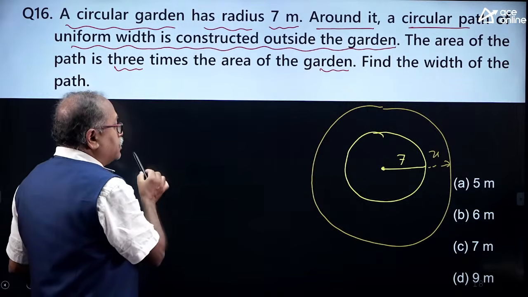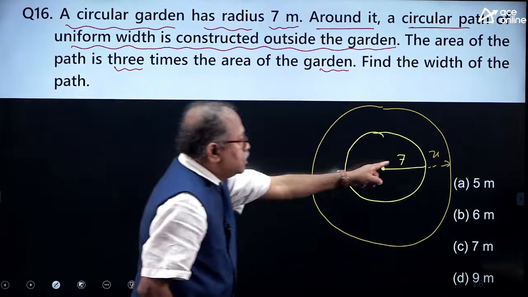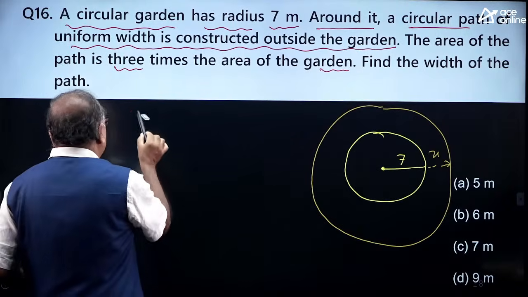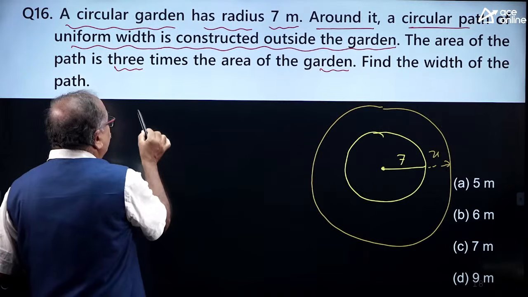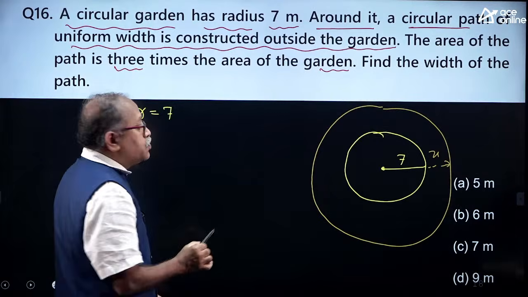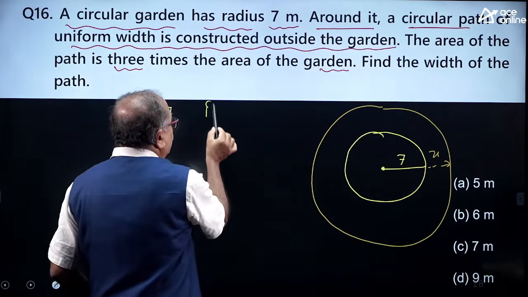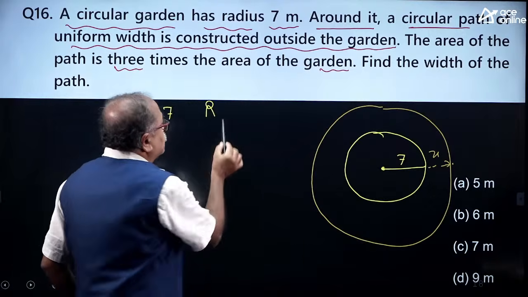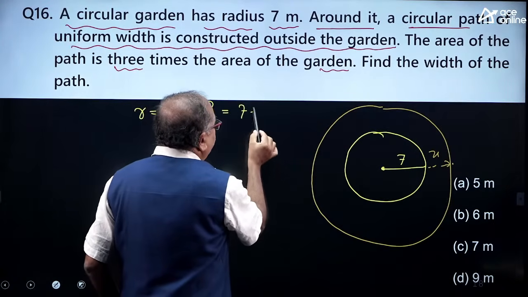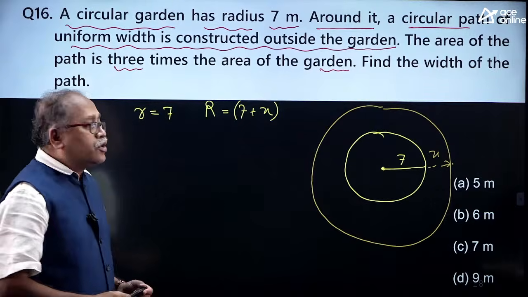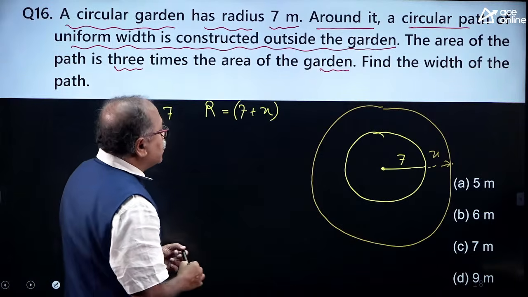So, we have the radius, here it is small r. Watch it, if you do not know, then definitely you should watch. This small r is 7 and the capital R is the outer circle radius, and that is 7 plus x. Okay. So, what is the path here?